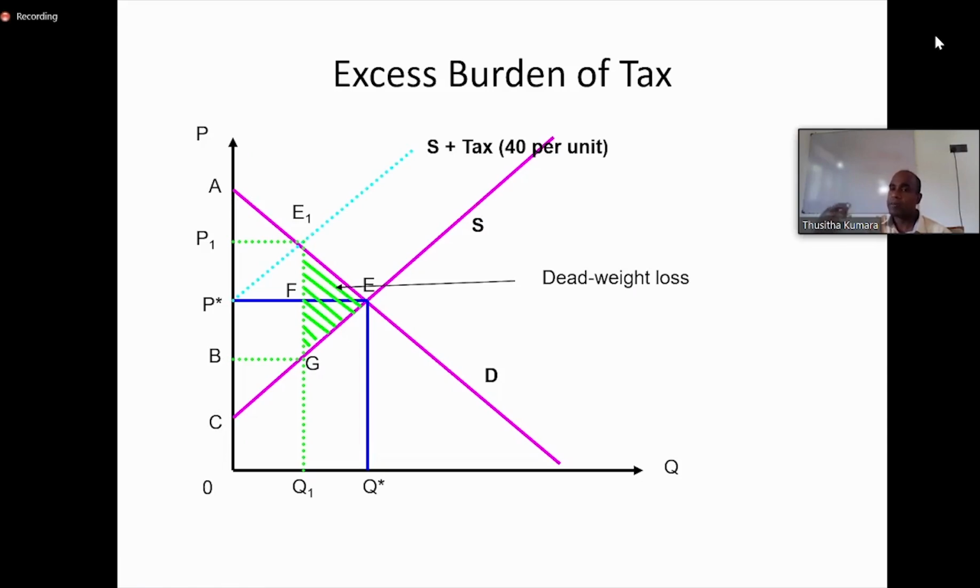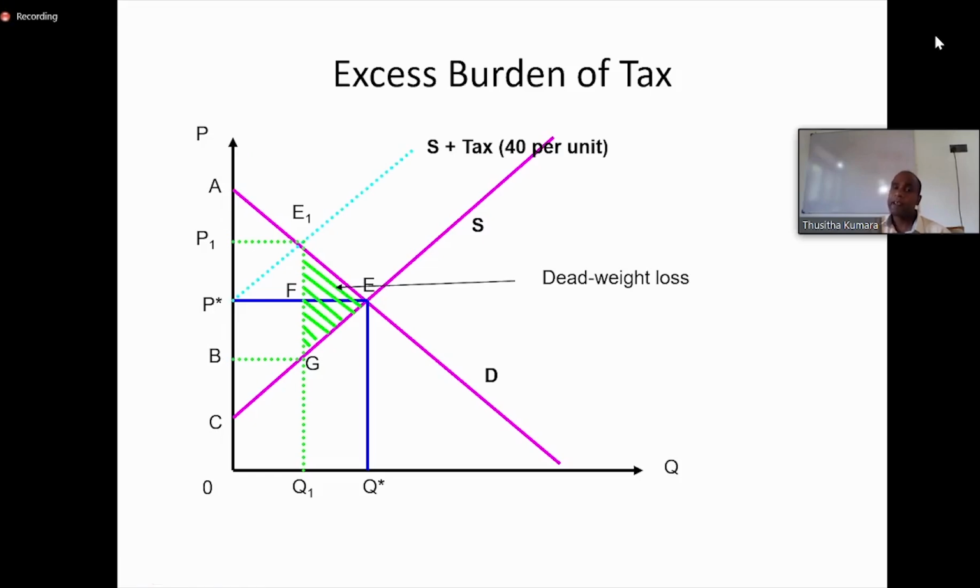I told you, in microeconomics, we are not worrying about who gets what, whether it is the consumer, the producer, or the government. We don't worry. Someone can take it. It is better as long as someone is taking it. Therefore, the society can benefit like A, E, C. This triangle is the total benefit to the society.